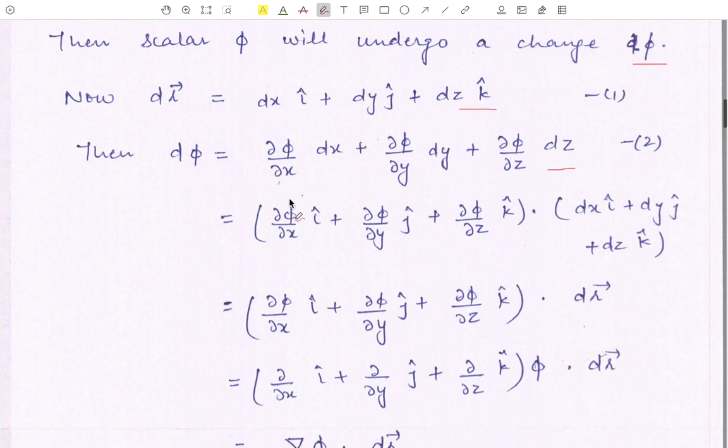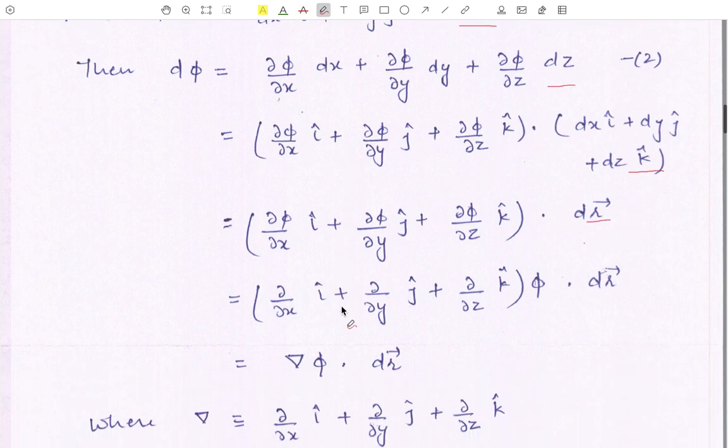This can be written as (∂phi/∂x i cap plus ∂phi/∂y j cap plus ∂phi/∂z k cap) dot, this is the dot product, (dx i plus dy j plus dz k). Now this dx i plus dy j plus dz k is equal to our displacement vector dr. Here we have the dr vector and this can be written as it is.